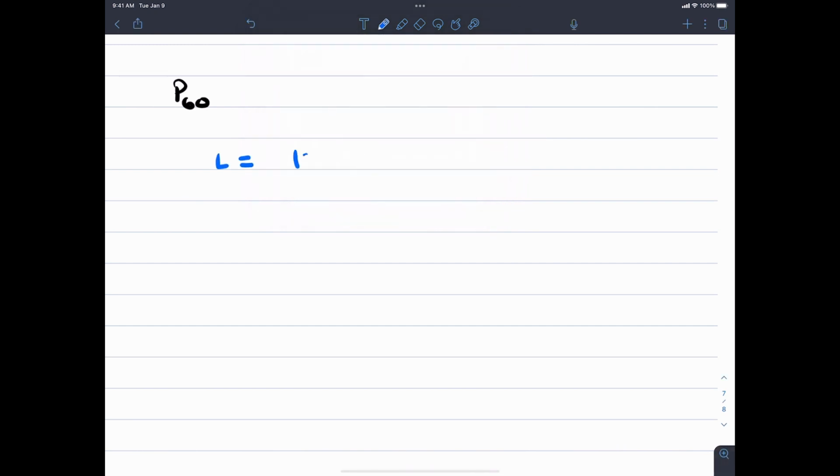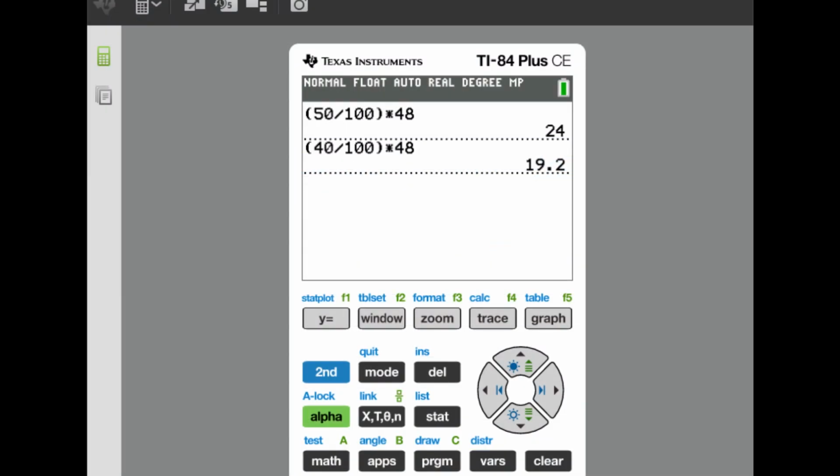The locator is going to be K over 100 times N. So 60 over 100 times 48. Okay, I apologize. Let's see what that is going to be. 60 divided by 100 times 48. And what is this? 28.8.